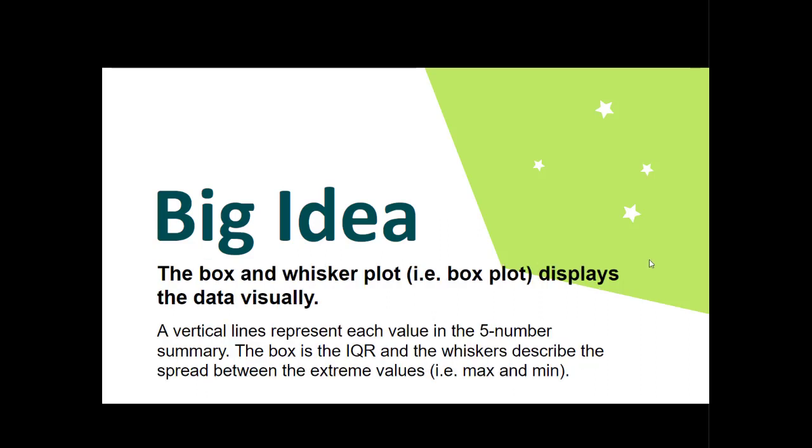The box whisker plot, also known as the box plot, displays the 5-number summary visually. The vertical lines represent each value of the 5-number summary. The box is the IQR, and the whiskers describe the spread between the extreme values, the spread between the minimum and the lower quartile, and the spread between the upper quartile and the maximum value.